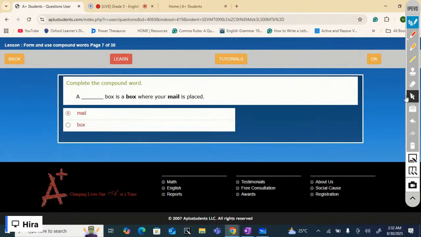A mailbox is a box where your mail is placed.